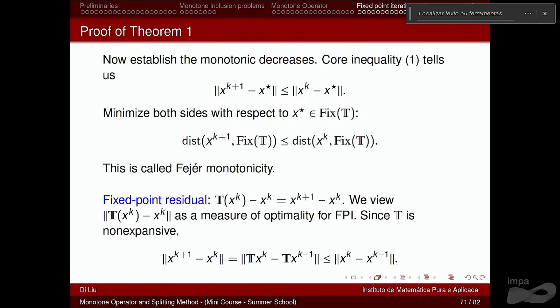To analyze the convergence of the fixed point iteration, we usually analyze what we call the fixed point residual, which is xk minus t xk, or we can write it as x_{k+1} minus xk. We will see later why analyzing this term tells us whether the sequence converges or not. Since t is non-expansive, we get this automatically.